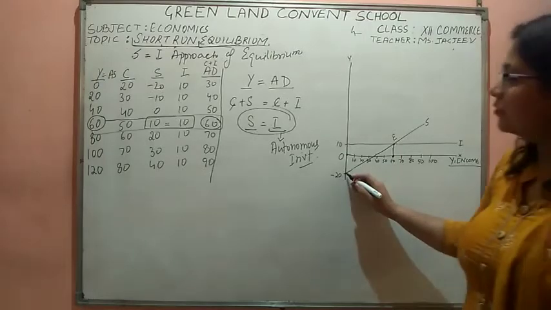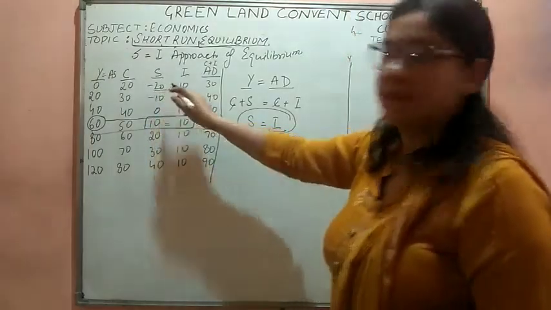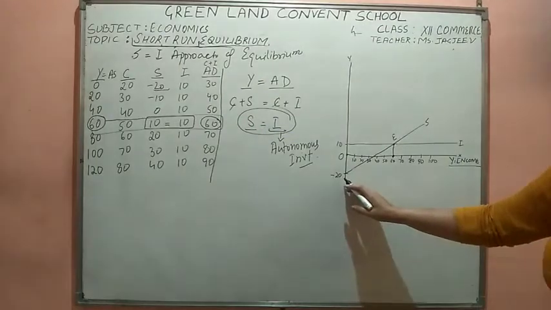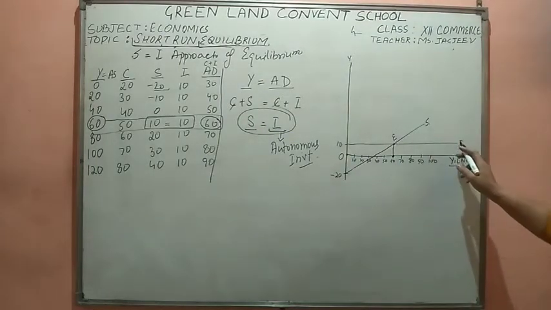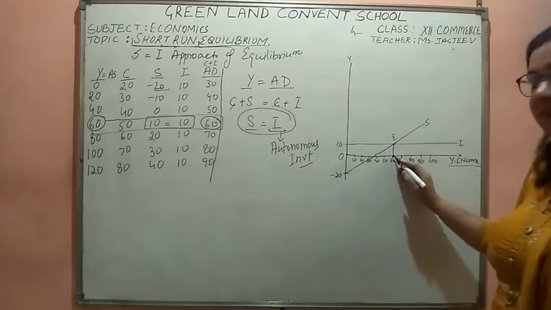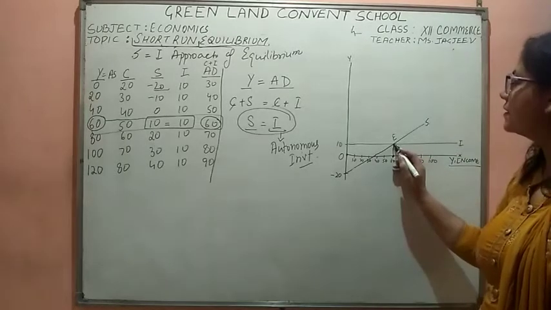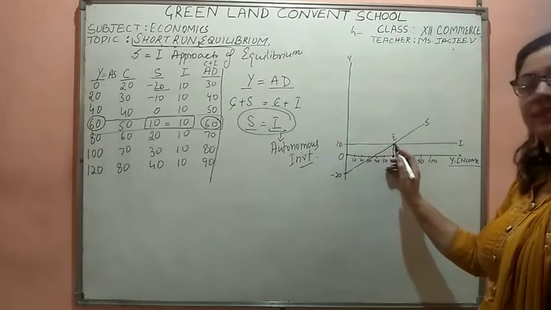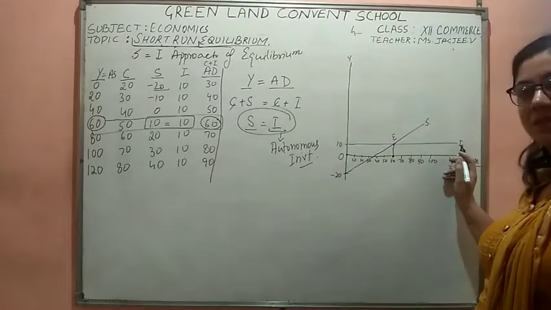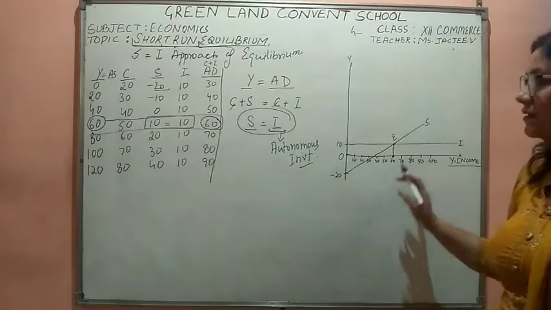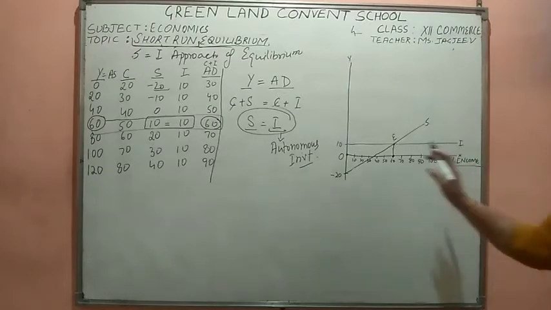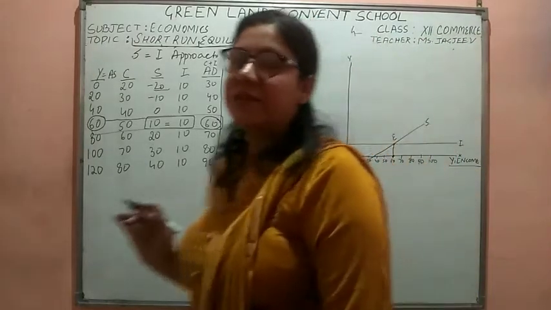Saving starts from minus 20, and we draw it in such a way that it cuts the investment line at 60. Here the savings are 10 and the investment is 10. So this is the point of equilibrium where savings are exactly equal to investment.